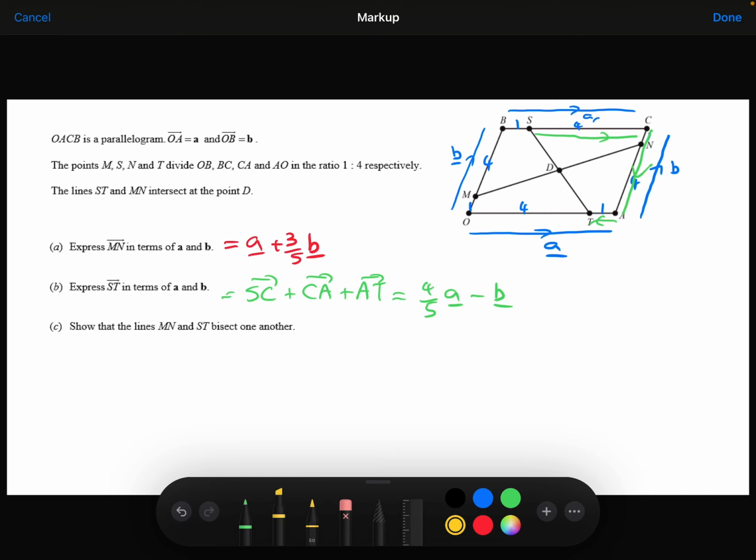And then the A to T, well, that's 1/5 of A but in the opposite direction. So it's minus 1/5 A.